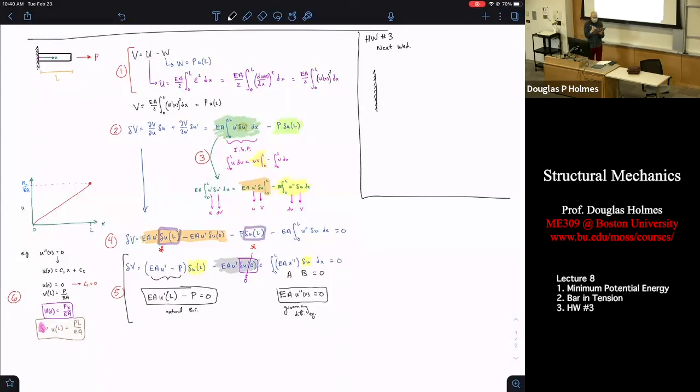So I want you to take a beam. That doesn't look like it's uniform, does it? There we go.